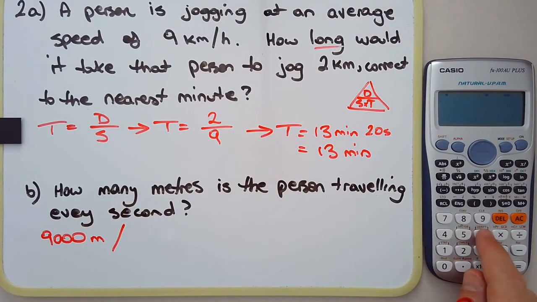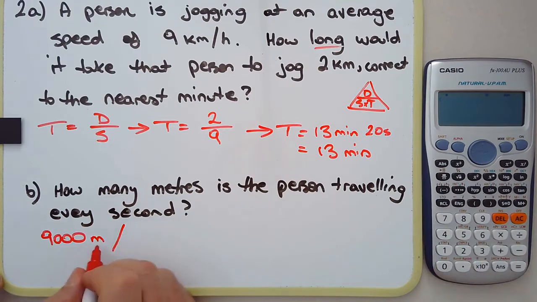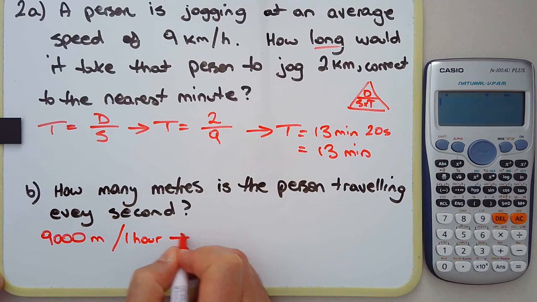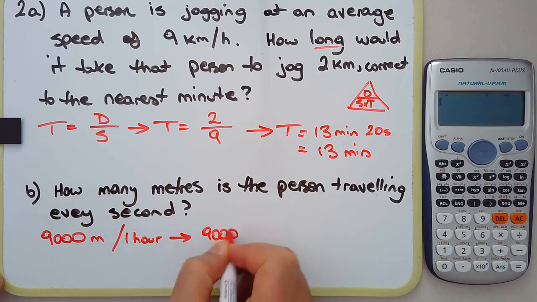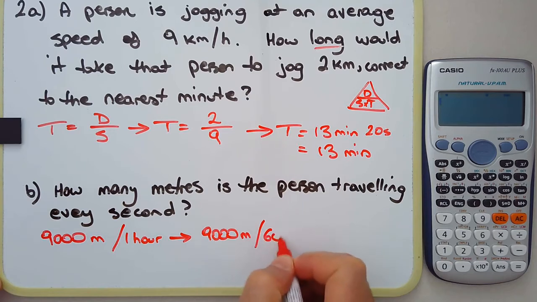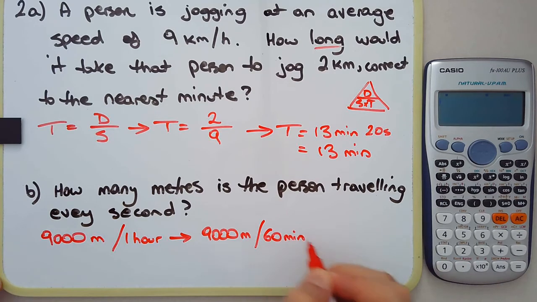We'll do the conversion here. That's 9,000 metres for 1 hour, which is 9,000 metres per 60 minutes, times 60 seconds. There are 60 minutes in an hour, and 60 seconds in 1 minute.